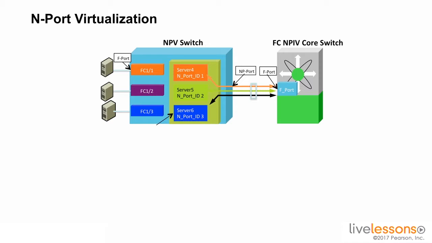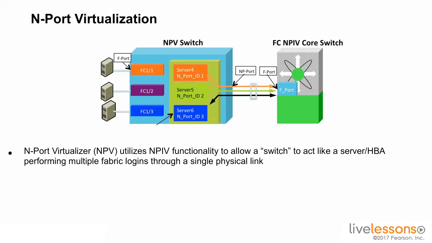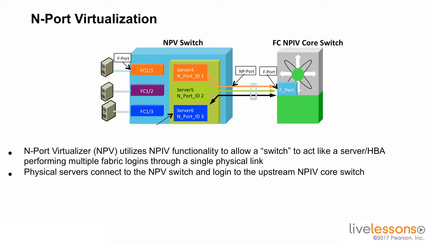There is also a technology called N-port virtualization, and this is where two switches work together. There's an NPV switch that utilizes NPIV functionality to allow a switch to act like a server, performing multiple fabric logins through a single physical link. This means the NPV switch actually doesn't do any local switching.